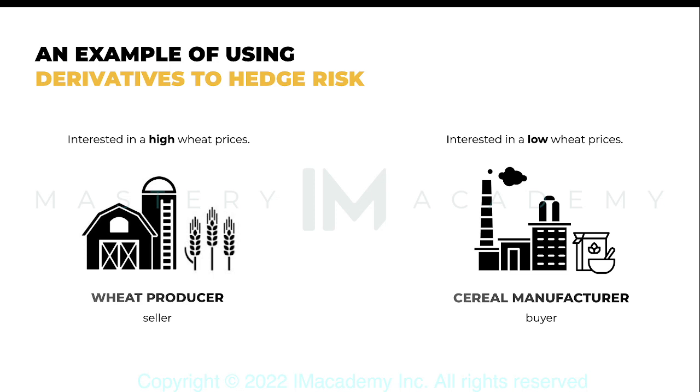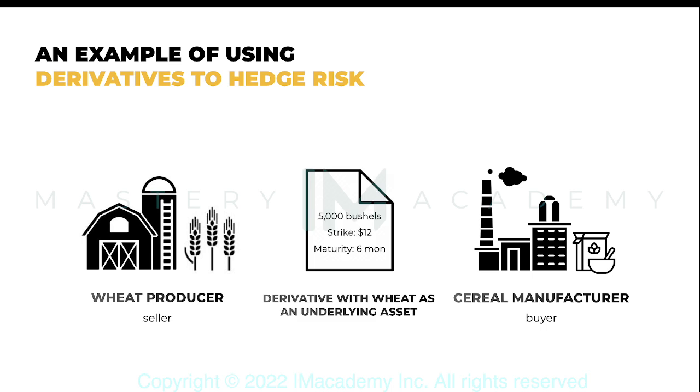So they can enter into a contract fixing the future price of the trade. For example, a wheat producer might agree to sell wheat to a manufacturer in 6 months at the current market price of $12, okay, regardless of what the price of wheat is in 6 months, by locking in the agreed price.